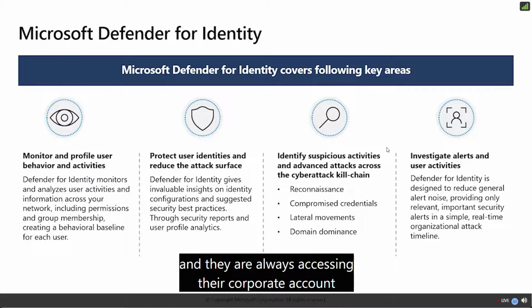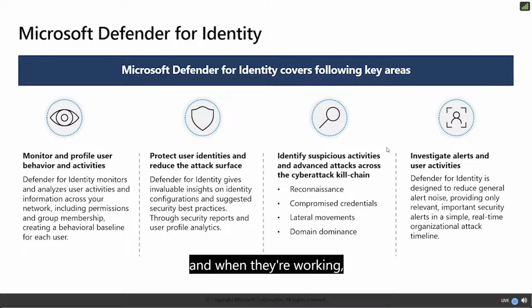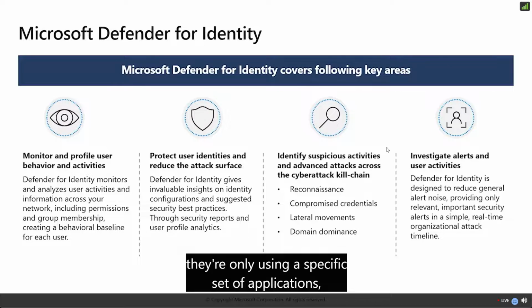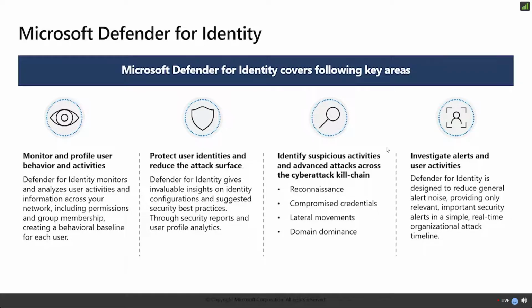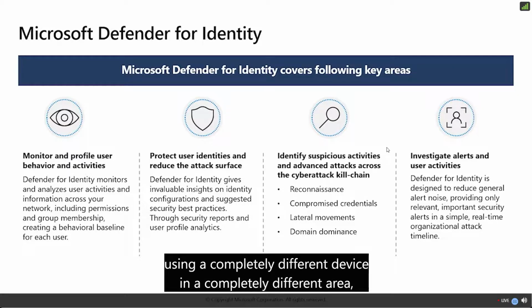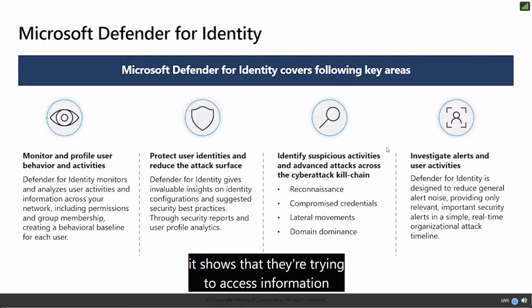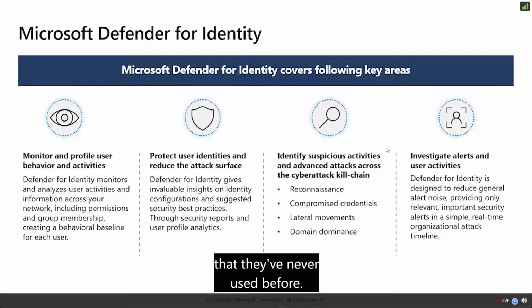And they are always accessing their corporate account with their work phone or their corporate device. And when they're working, they're only using a specific set of applications. But one day, out of nowhere, James's account is logged on using a completely different device in a completely different area. And then all of a sudden, it shows that they're trying to access information that they've never used before.